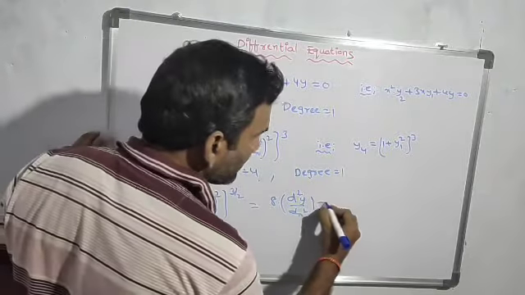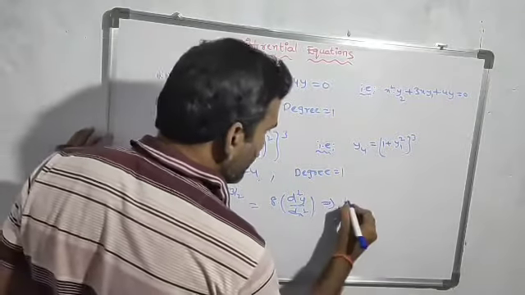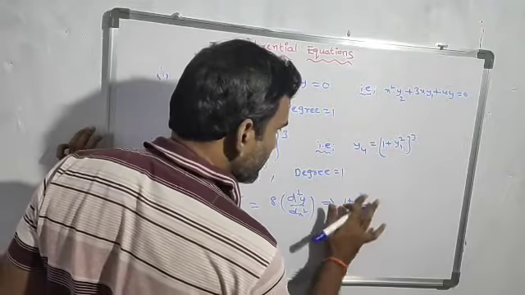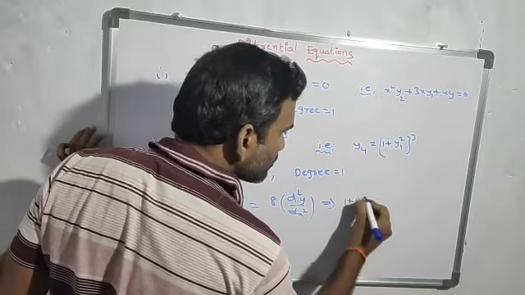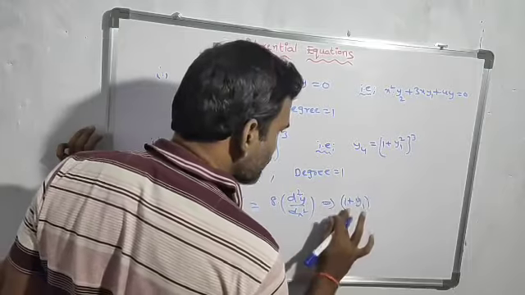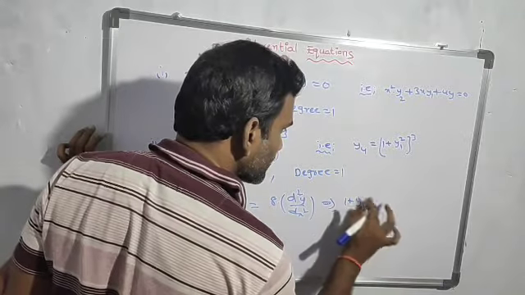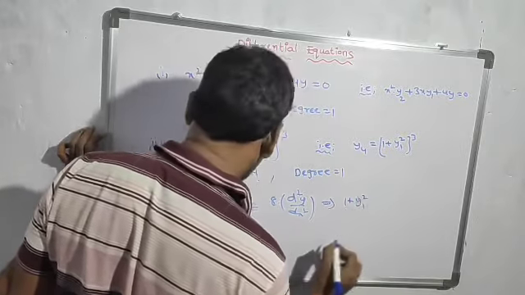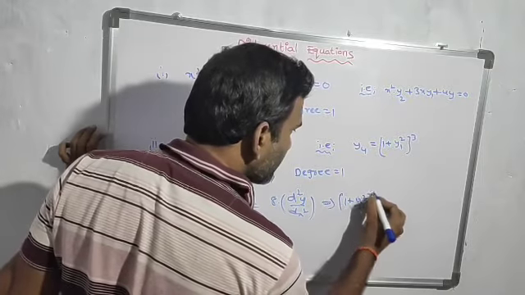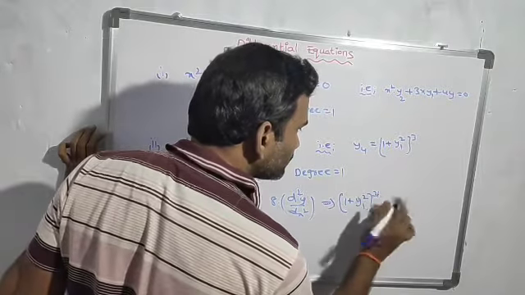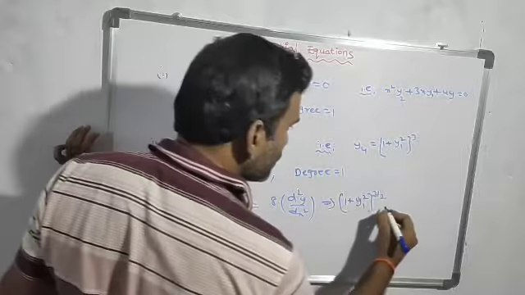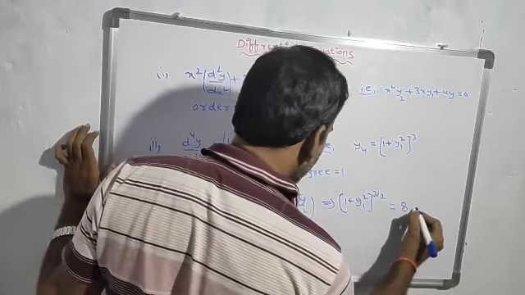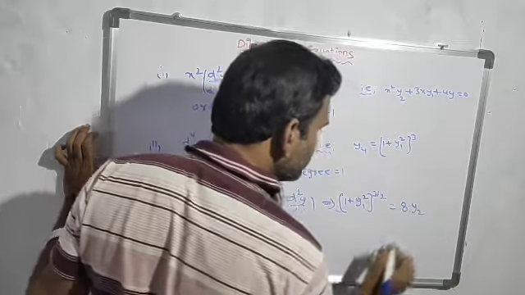Here I am taking 1 plus y1 square, I am just modifying this value, 1 plus y1 square whole to the power of 3 by 2, equal to 8 into y2.